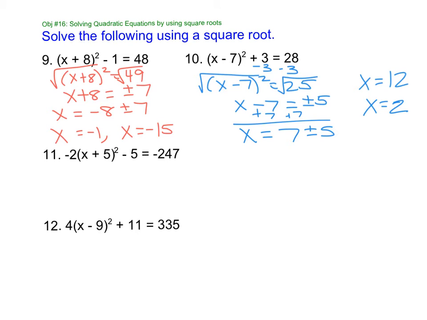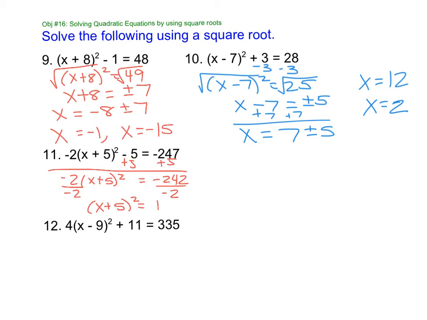Whew. Okay. Number 11. All right, I'm going to add 5. Negative 2 times x plus 5 squared equals negative 242. And we're going to divide by negative 2. X plus 5 squared equals 121.